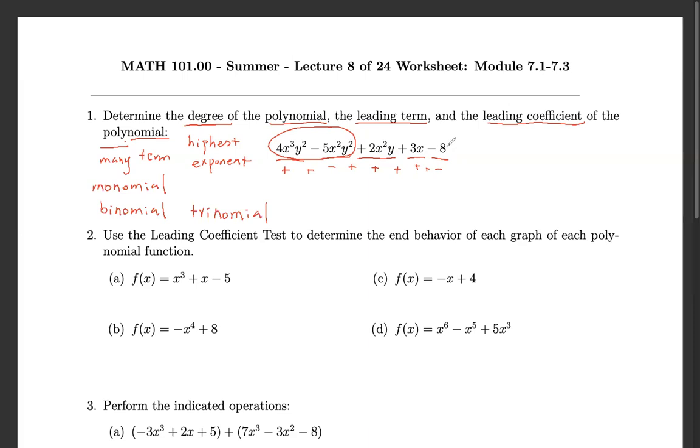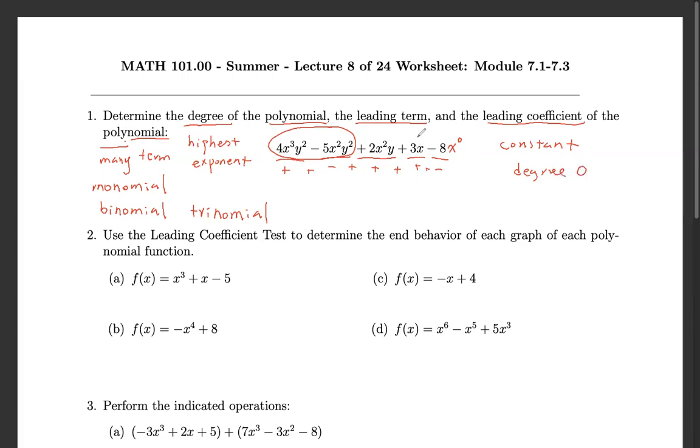The degree of a is a 0 polynomial. Why? Because that's a variable raised to the 0 power. Remember, anything raised to the 0 power is 1. So 1 times a is still a. Of course, this is negative a. So this is a constant. Negative a is a constant in this polynomial. A constant is a degree 0 polynomial.